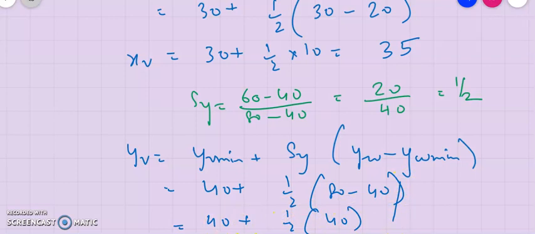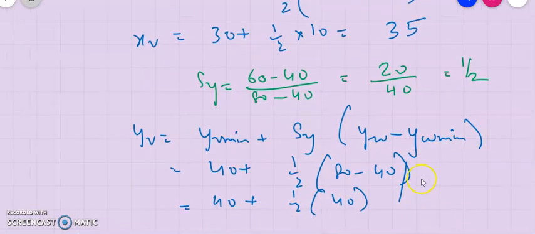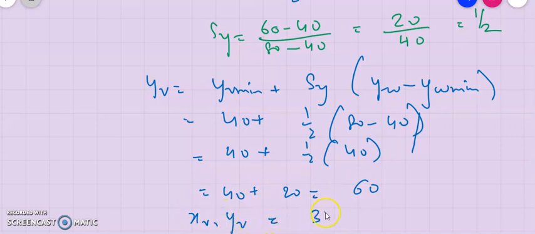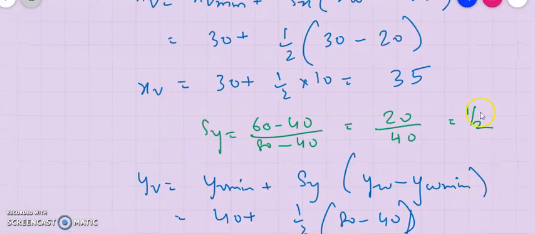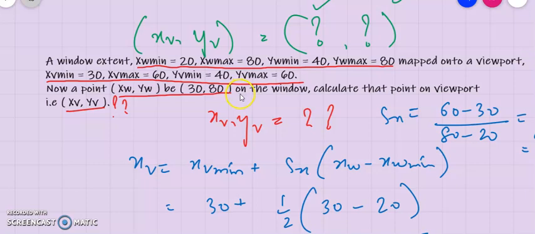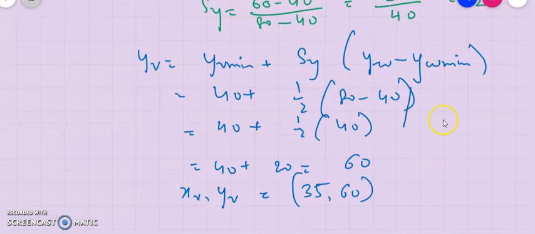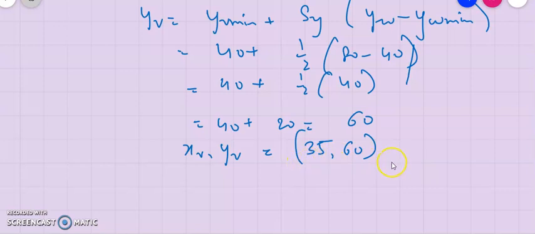So I get my final value as 40 plus 20, so that becomes 60. So I am getting my XV, YV as 35 comma 60. So a window value of 30, 80 is getting mapped to a viewport value of 35, 60.